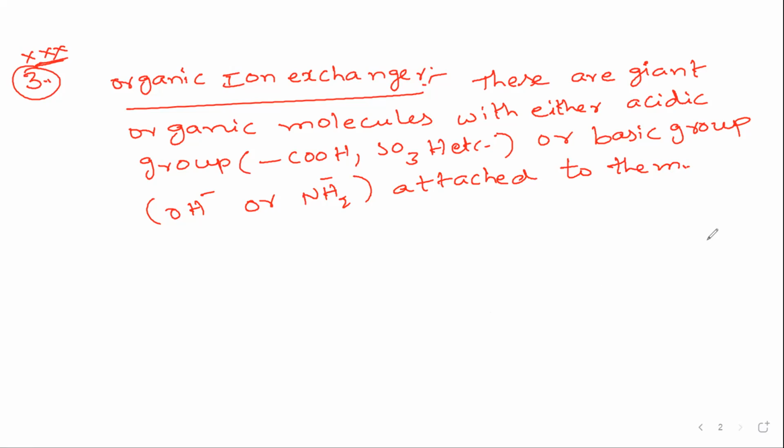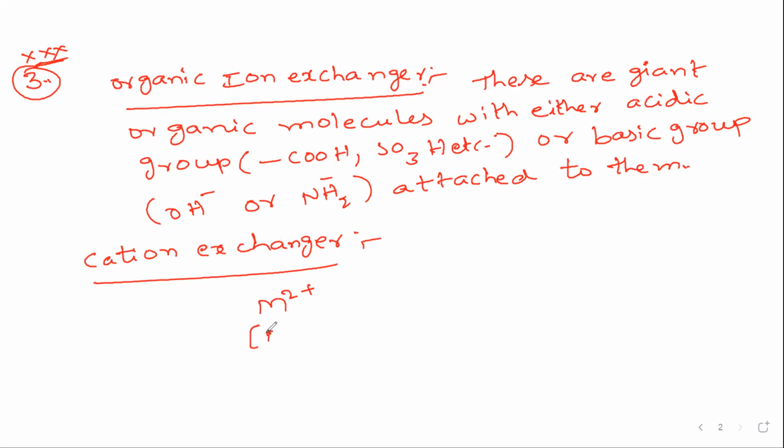So we have the cation exchanger. In the cation exchanger, what happens? The M2+ ions, that is calcium or magnesium, where M is equal to calcium or magnesium ions, combine with 2 H plus of the acid group, that is the resin.